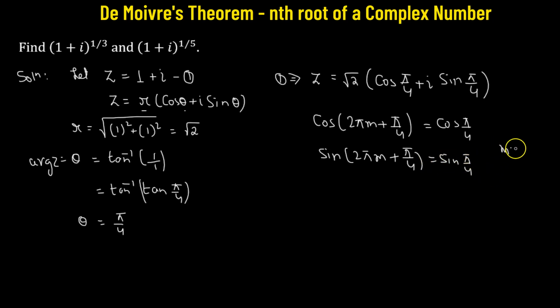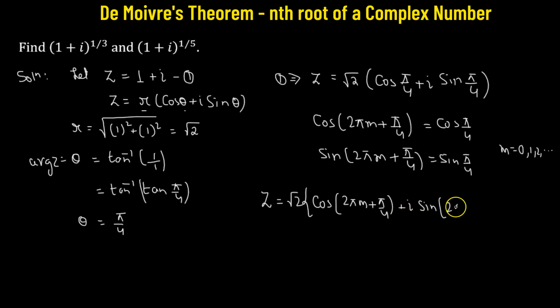Here m can take the values 0, 1, 2. Now we can rewrite our complex number in polar form as z equals square root of 2 multiplied by cosine of 2 pi m plus pi over 4, plus iota times sine of 2 pi m plus pi over 4. So this is the polar form of our complex number z.